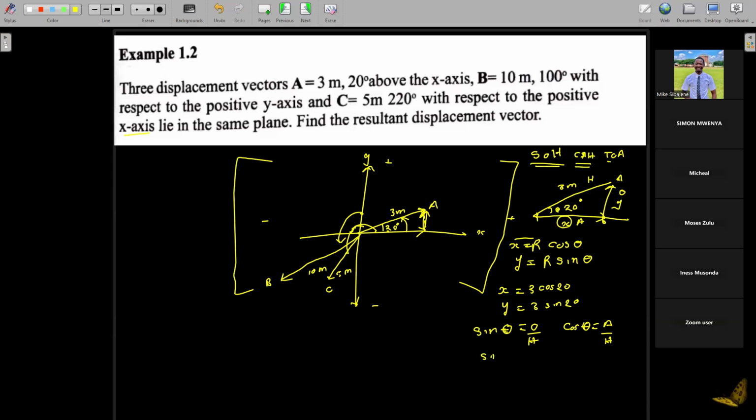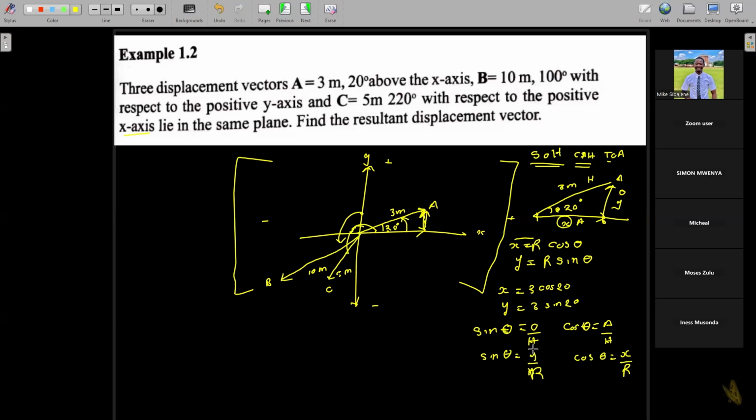So without wasting much time, sine theta is equal to opposite, which is the y component of my vector, over the hypotenuse. The hypotenuse becomes your r, your resultant vector. Same with the cosine part: cos theta is equal to the adjacent, which is the x component of my vector, over the magnitude, which is r.